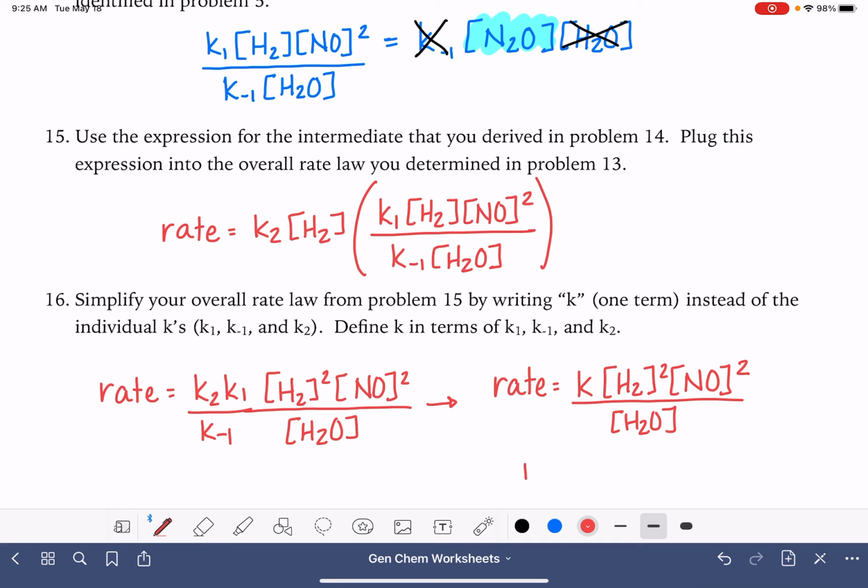And then somewhere down here we'll say, oh, by the way, this K is being used to indicate K2 K1 over K -1. So just to avoid having a whole lot of K's in here, we'll just say K, and then off on the side, that's where we'll actually define exactly what K is in terms of the individual rate laws.